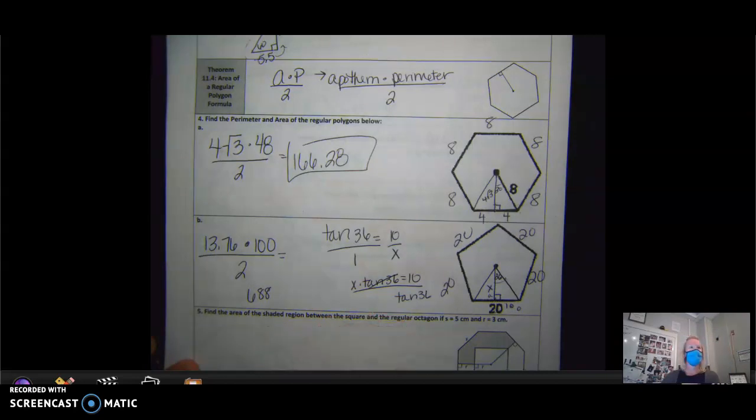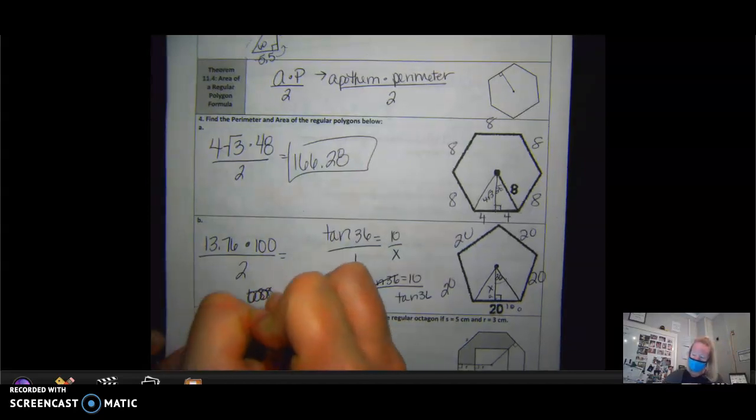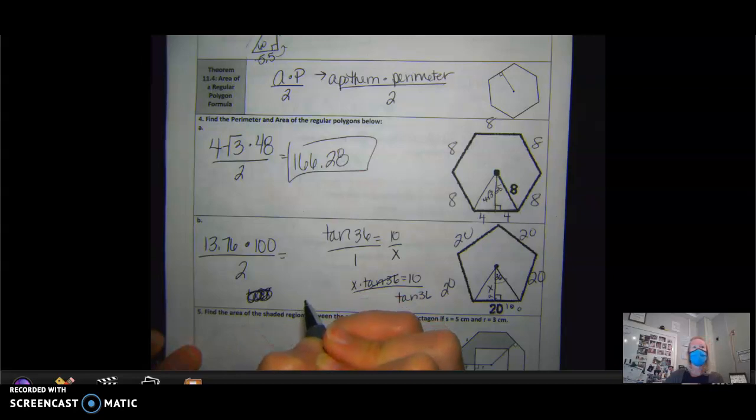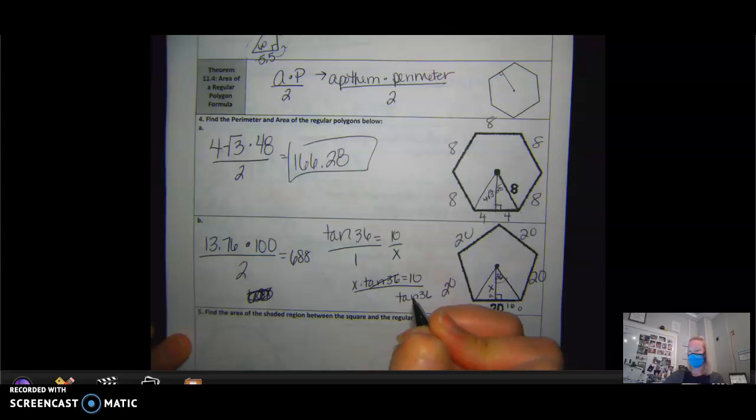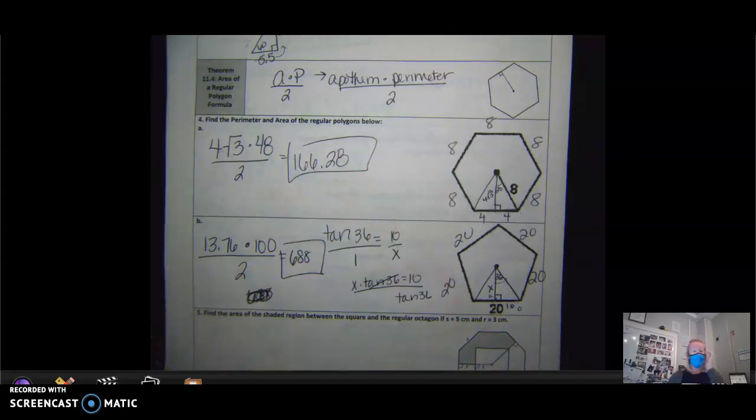Yes or no, guys? 13.76 times 100, enter, divided by 2. Oh, 626? Right? What am I doing then, guys? Oh, because I divide by 22 instead of 2. What did you get? 688. No decimal. Okay, thank you. All right. Perfecto. Any questions?